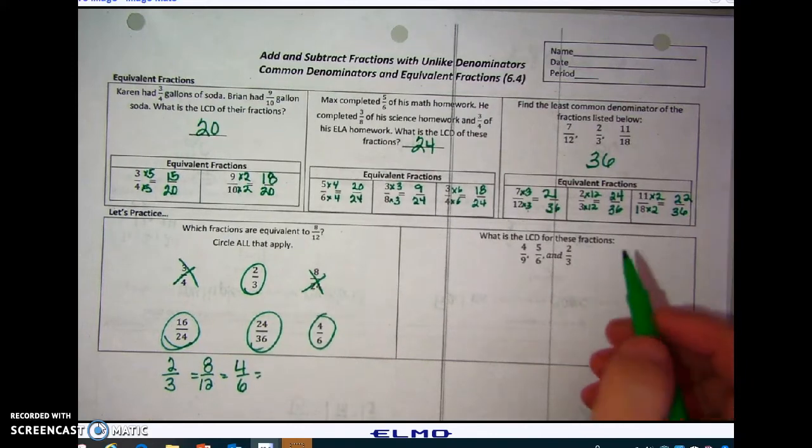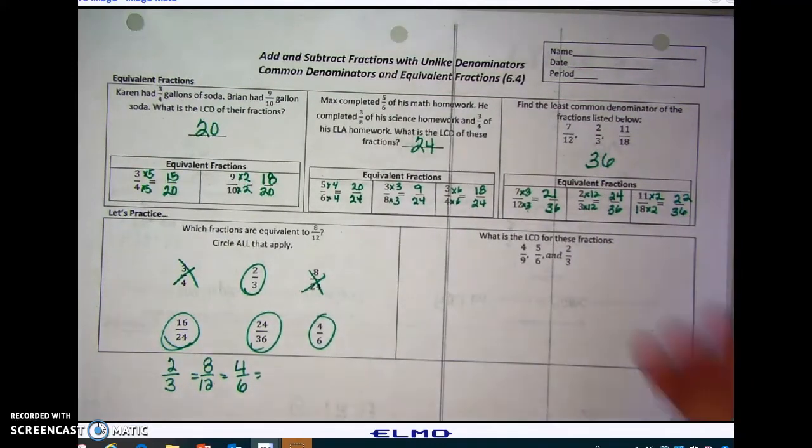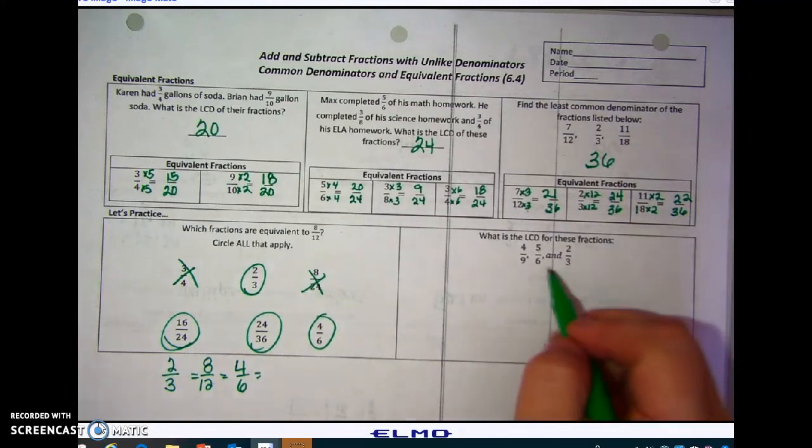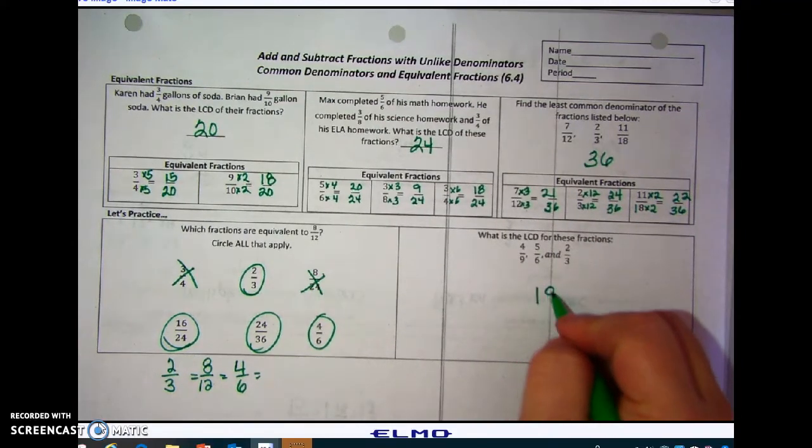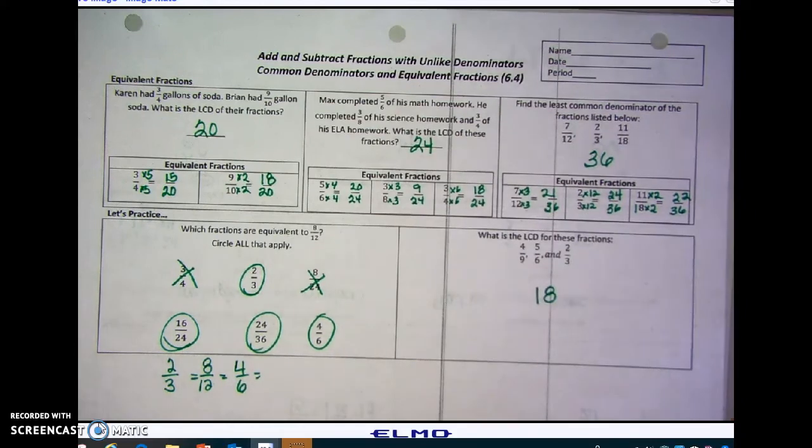Okay? Look at my least common denominator. It's going to be 18. And that is the end of your notes.